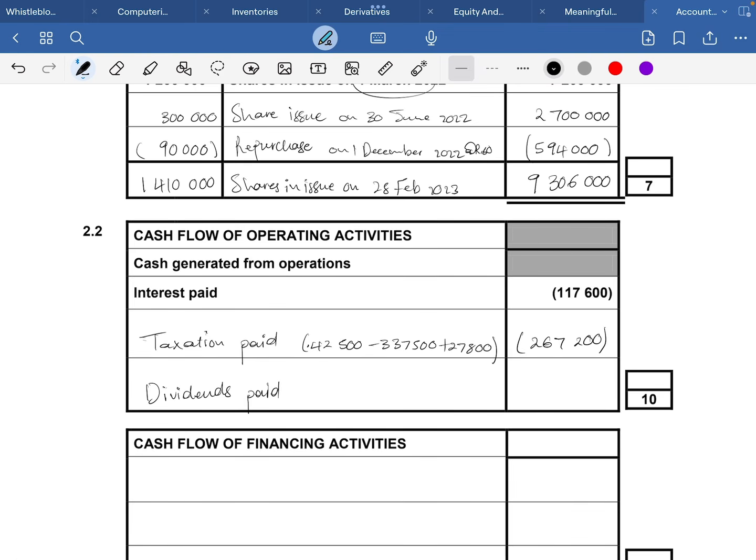Of course, you know that what we pay is interim dividends and dividends that we declared in the previous financial year. So it's interim dividends for this year plus final dividend from last year.